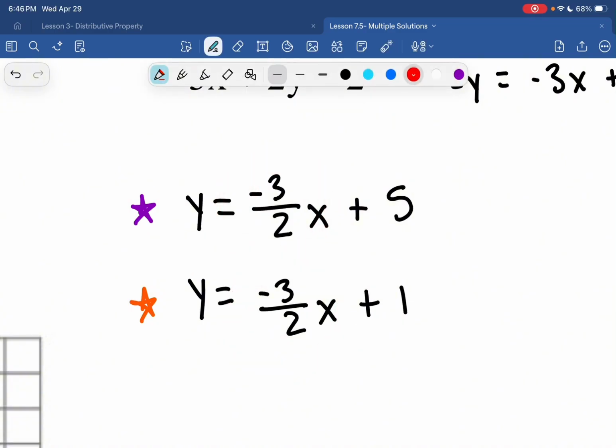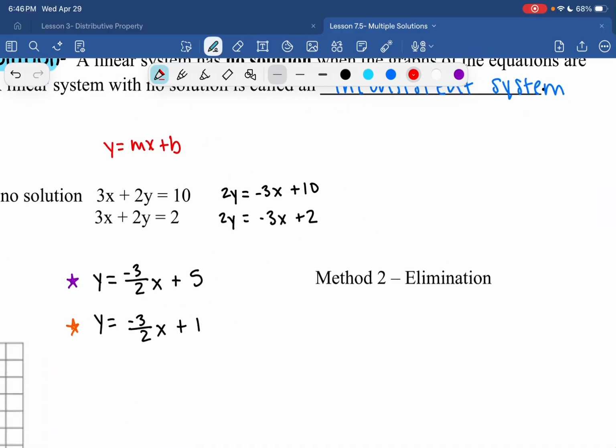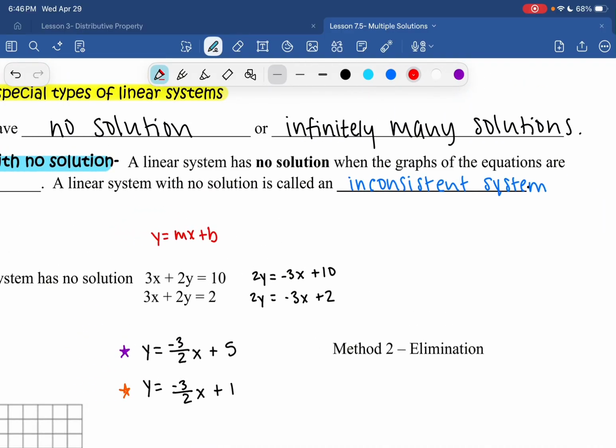So just a little heads up, we can write it off to the side, right? Important info, that if you have parallel lines, if you have lines with no solution, the slope is the same, but the y-intercept is different, right?